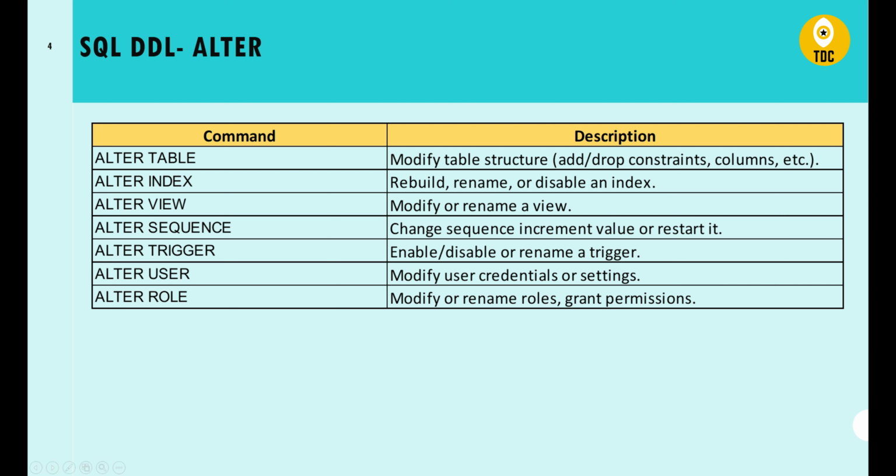You can also alter the index which is created, alter the view, the sequence, the trigger, stored procedure, users, roles. It is not about the list here. You need to understand what exactly alter is doing. Alter is basically modifying something which is already existing, impacting the schema or structure of the database artifacts.